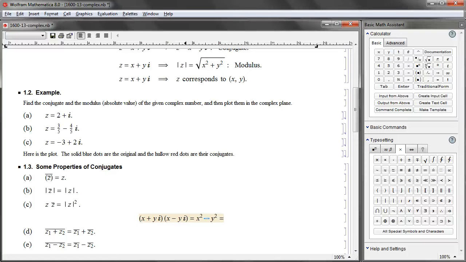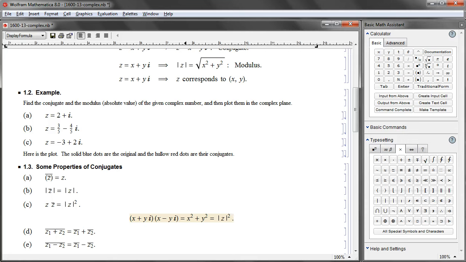Consequently, change the sign. So what do we get? We have x squared plus y squared. And what is the absolute value of z? It's the square root of that. Consequently, this should be equal to the square of the modulus of z.